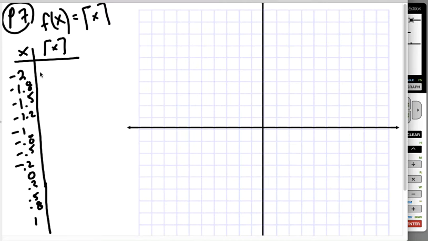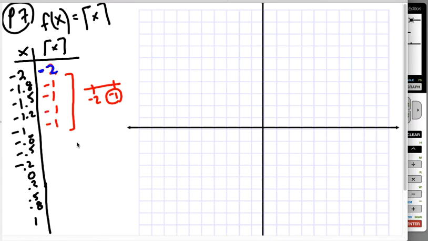Okay, so -2 is going to round up to itself, right? But then if you picture all the stuff from -1.8 to -1, they all fall between -2 and -1, meaning they're all going to round up to -1. So if I put that in a different color, let's actually make the -2 a different color since I already did all that other work in red. These guys are going to round up to -1, -1, -1, and then -1 rounds to itself.